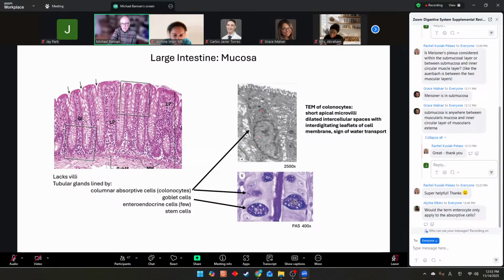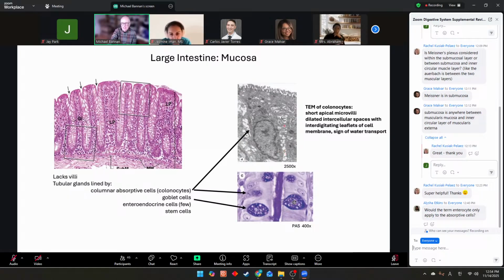Now, in contrast, the modifications for water absorption occur on the lateral side of the cell, where we get dilated intercellular spaces with folds of the cell with its epithelium extending into the dilated space. They call it interdigitating leafs of cytoplasm and membrane into this dilated space.